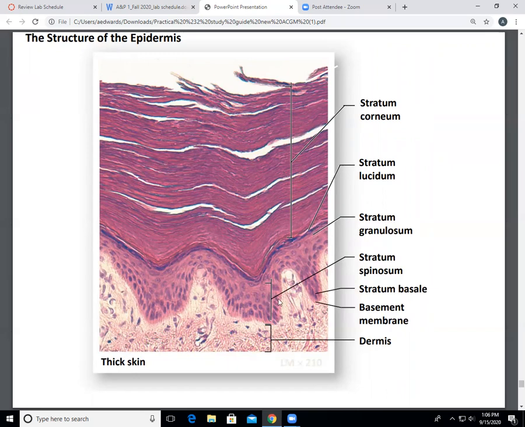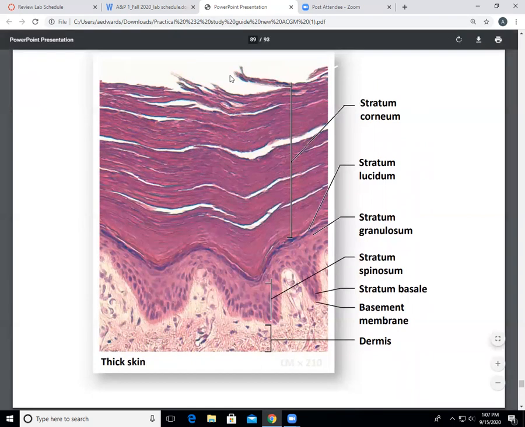This thicker layer is your stratum spinosum, and just kind of the lining of that more pinkish purple area is your stratum basale. And just deep to that is your basement membrane, and then your dermis. And remember, this is thick skin because it has all 5 layers. Okay. If it only has 4 layers, then it's thin skin. And also, you know it's thick skin because it has so much stratum corneum.